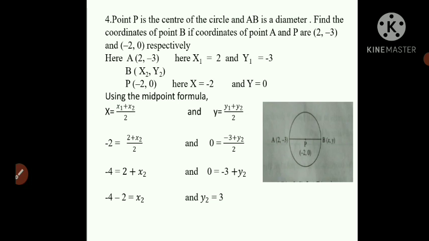So -4 -2 is equal to x2. -4 -2 is equal to -6. And for y, y2 is equal to, we'll shift -3 from right to left, becomes 3. So the coordinates of point B is -6, 3.